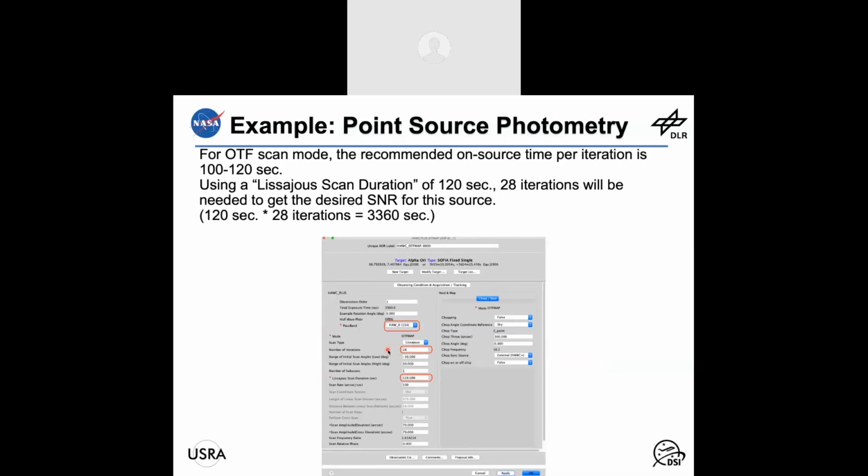Can I jump in here for a second? Sorry. For the scan mode, if you want to do total intensity, I think we have done one field of view, or a little bit more than one field of view, depending on the band, for diffuse emission. If you want to do a scan mode for polarimetry, that's still uncertain because we are still working on it.